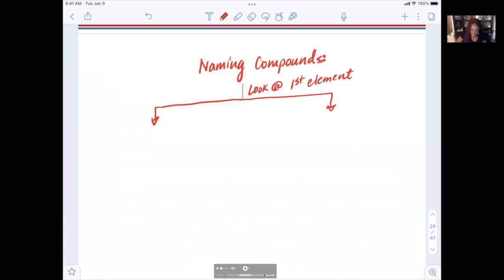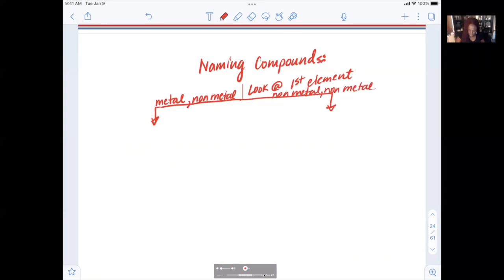So is the first element a metal? And if it's a metal, is it followed by a non-metal? So do you have a situation where you have a metal, non-metal, okay? The other possibility is going to be a non-metal followed by another non-metal. So non-metal on non-metal, okay?